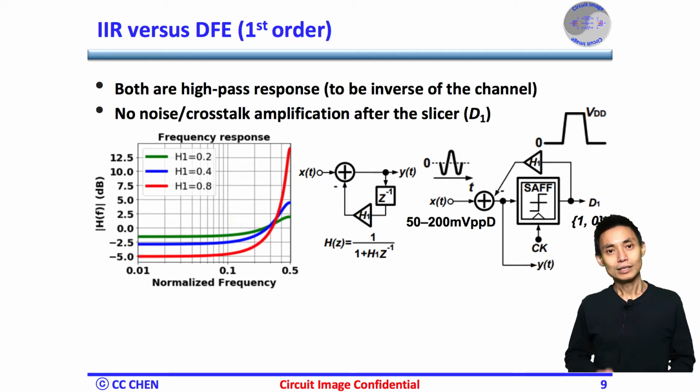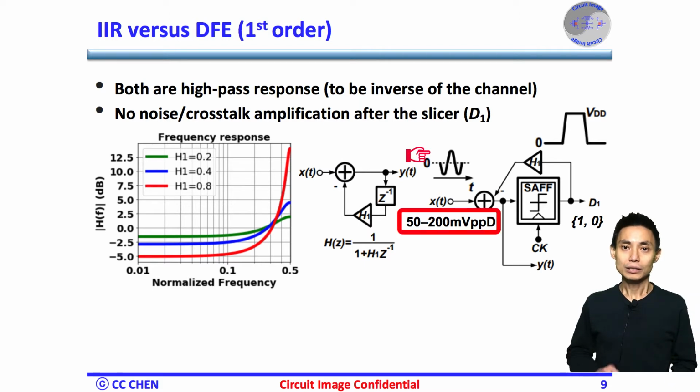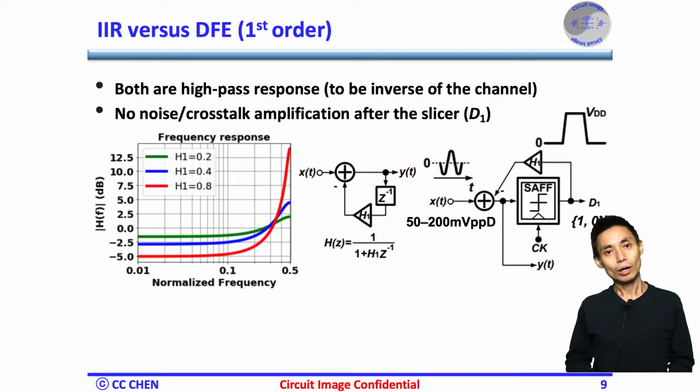In addition, if the slicer, comparator, sense amplifier, or StrongARM latch makes the right decision, it converts the input analog signaling into the output digital full swing level. So, it has noise or crosstalk immunity. But what happens if the slicer makes the wrong decision because the input voltage margin was not enough?